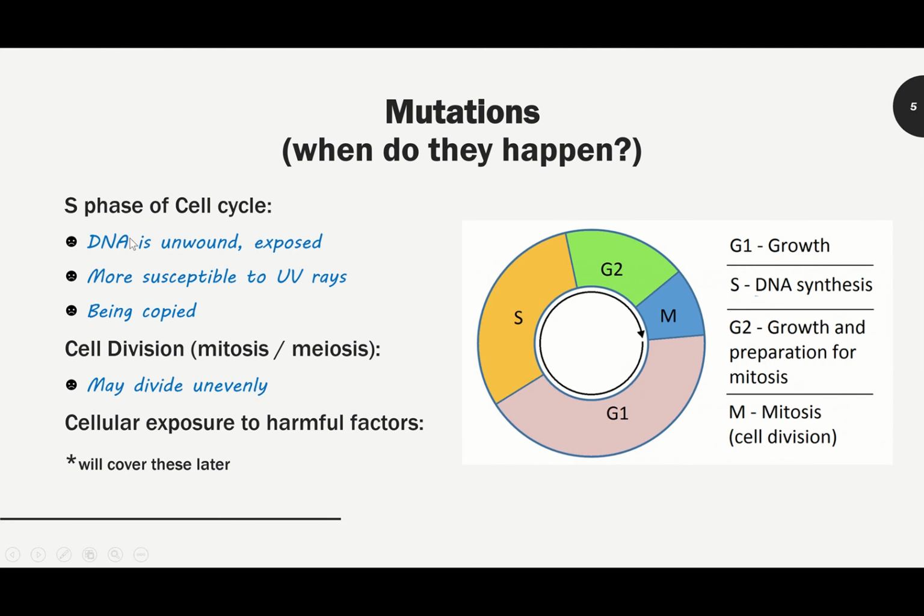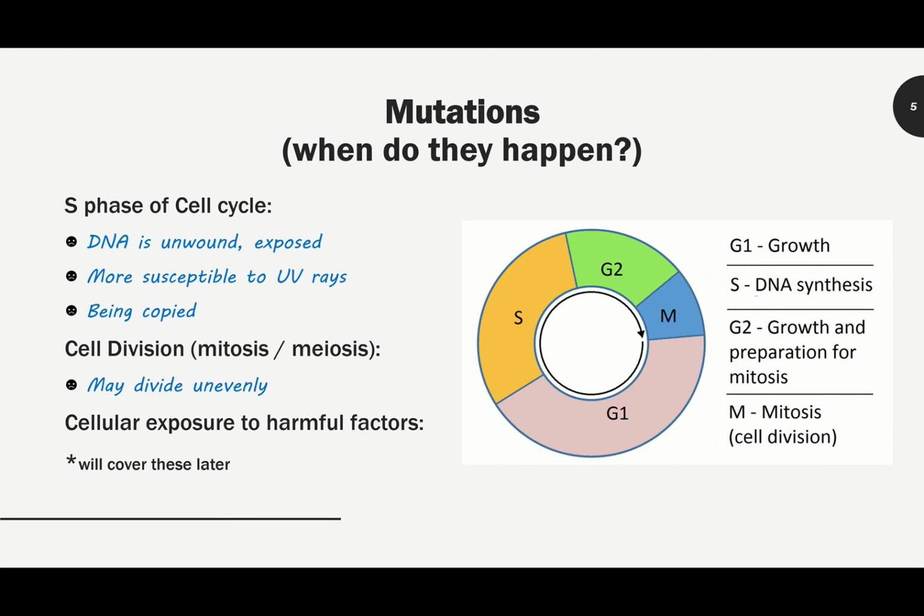Remember, the S phase of the cell cycle is the time where the DNA sequence is most vulnerable to being changed. And during this time, if you go under the sun without putting on sunscreen, UV rays will probably damage your DNA a little bit.